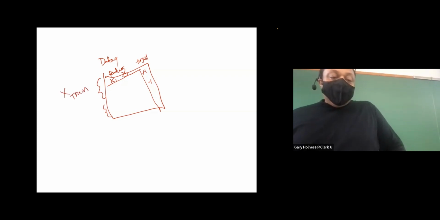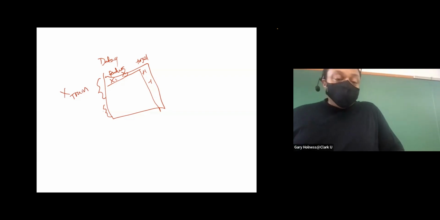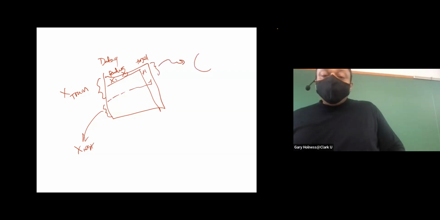Now, what you do, you take your data set and you partition it in some proportion. One you call your training set. And that's going to be what you use to train your model. The other you set aside, and that's called your test set. And when you set aside this test set, you're going to take your training set and input that into your learning algorithm, which makes use of your hypothesis set.